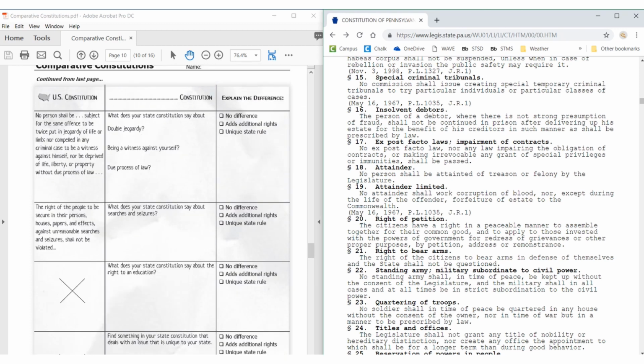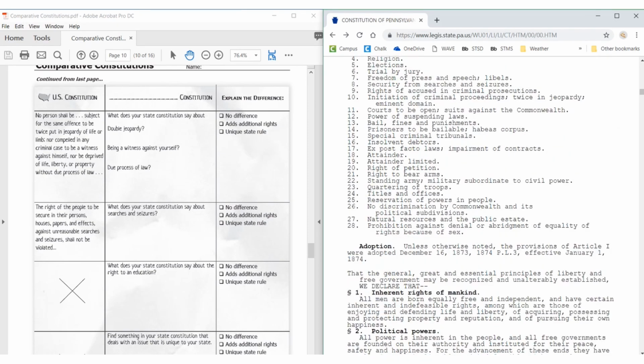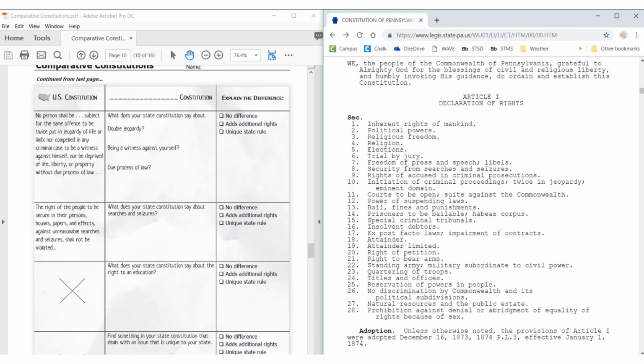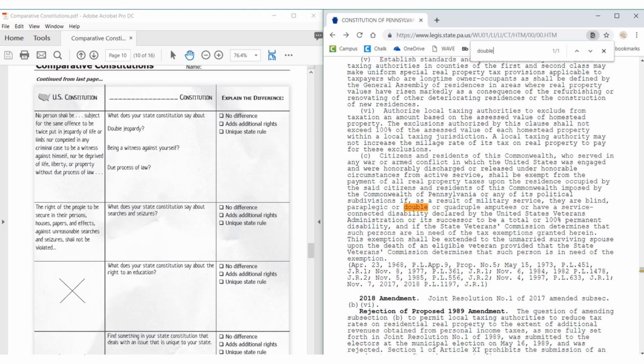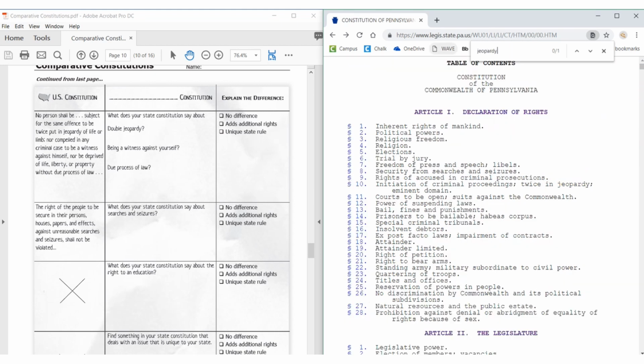What does your state constitution say about double jeopardy? Let's see if that is in here anywhere. So I'm going to go through this, and I'm going to hit Control F, double. Nope, it talks about double or quadruple amputees. So let's search jeopardy. There we go.